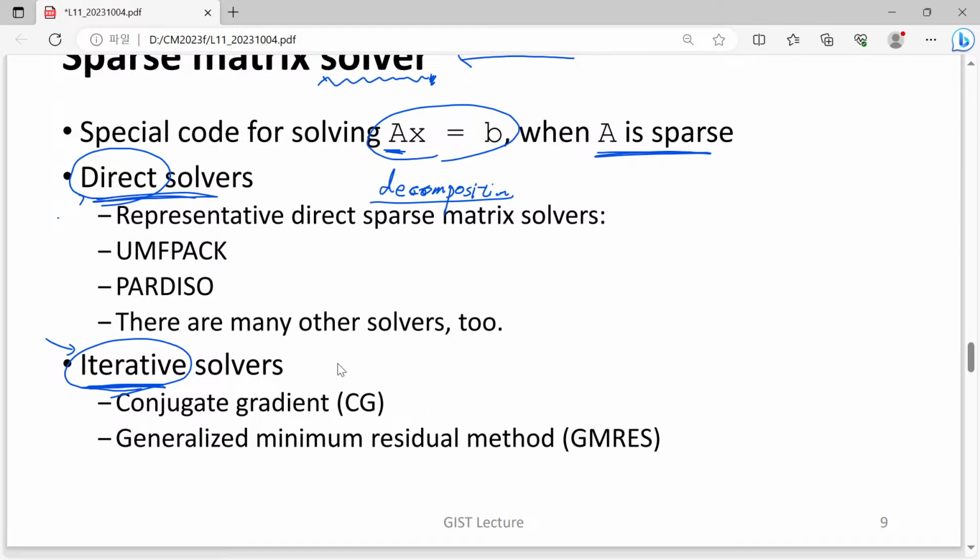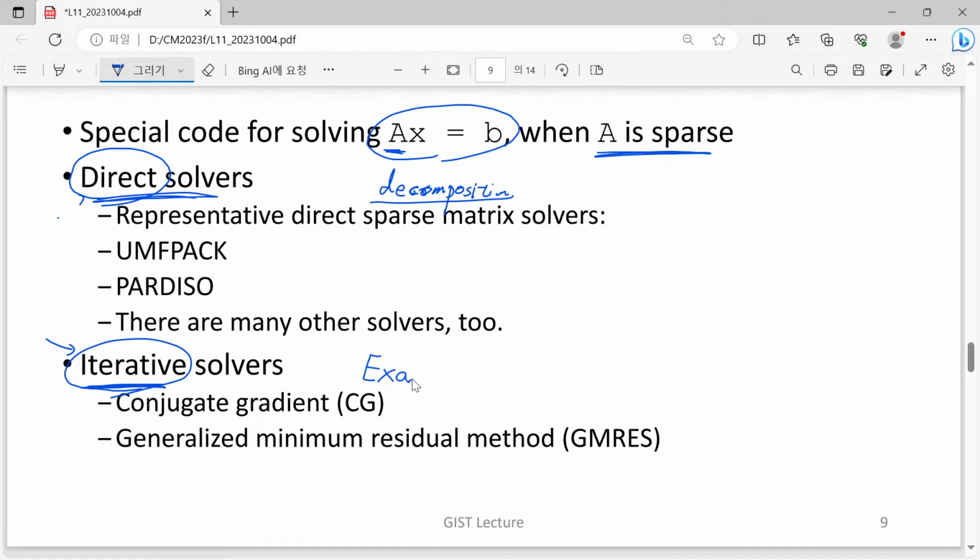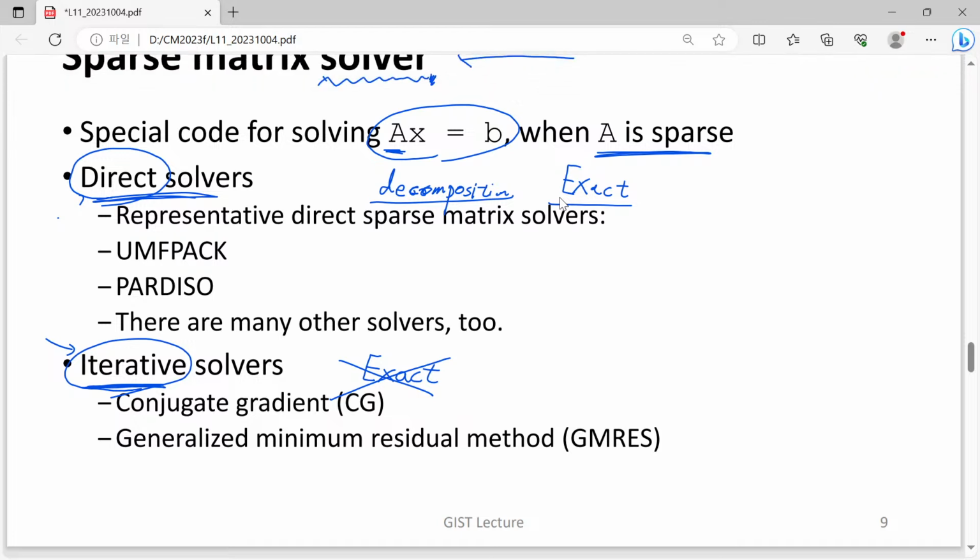So, iterative solvers actually do not calculate the exact solution. Direct solvers are able to calculate the really exact solution within numerical round-off error. However, iterative solvers do not calculate the exact one. But please think about our Newton-Raphson method. In Newton-Raphson method, do we calculate the real solution for our nonlinear system? Actually, not.